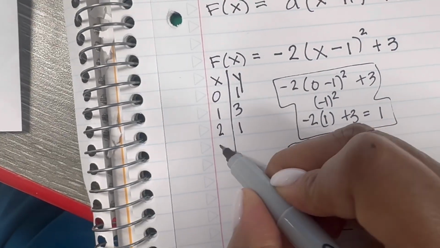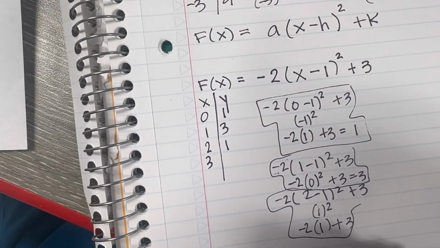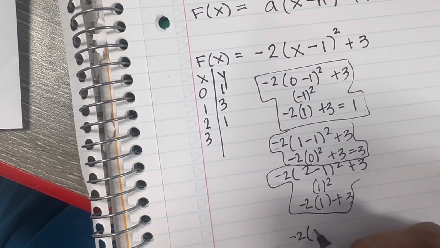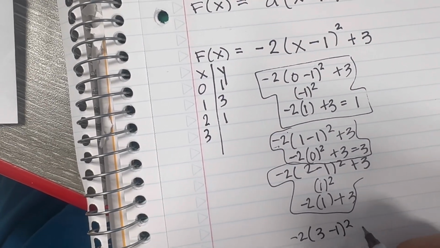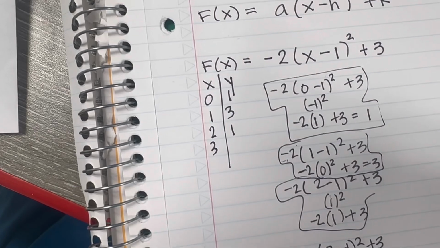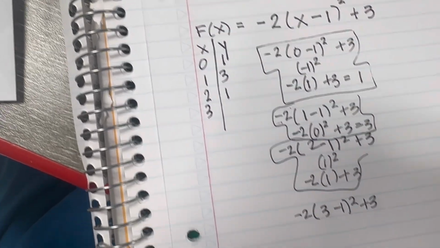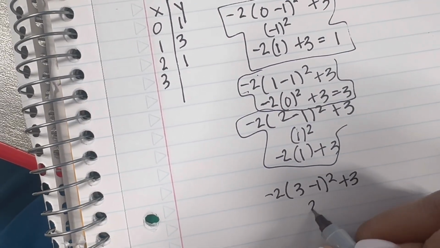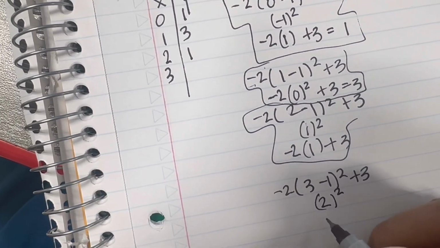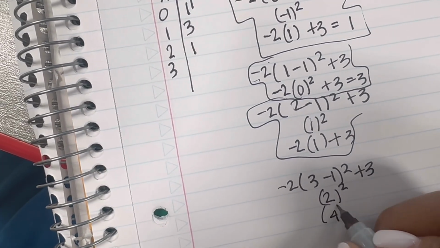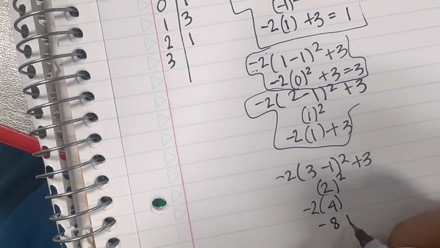All right, let's try 3. Negative 2 times 3 minus 1 squared plus 3. 3 minus 1 is 2. 2 squared is 4. Times negative 2 is negative 8. Negative 8 plus 3 is negative 5.